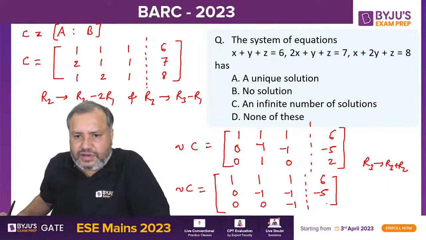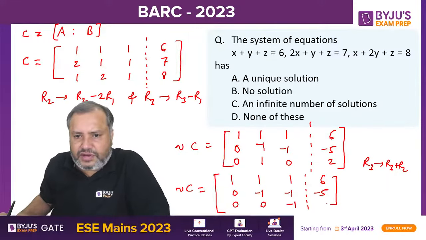Minus 3. So students, ultimately I have got the echelon form. So I can say that rank of A, that is rank of this matrix, is 3. Rank of the augmented matrix C is also 3. And yes, the number of variables is also 3. So a unique solution will be there.